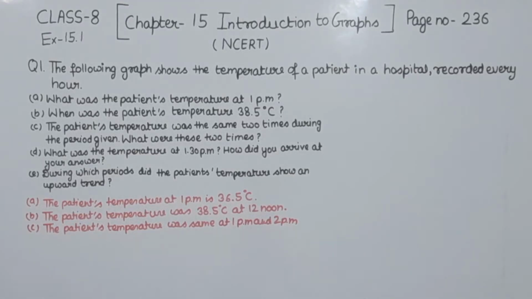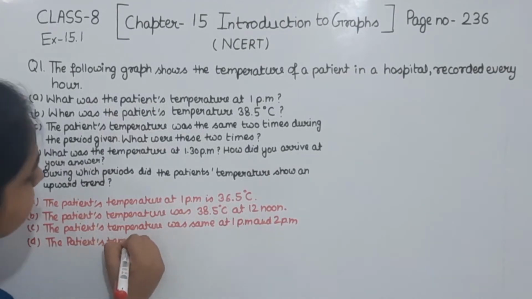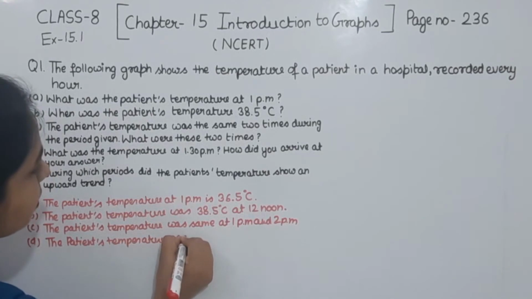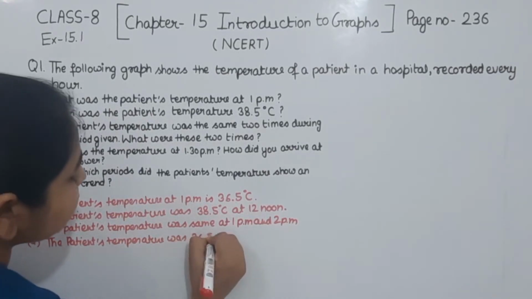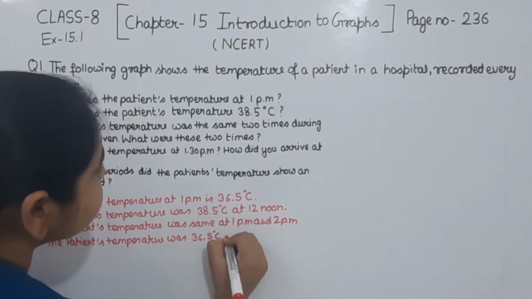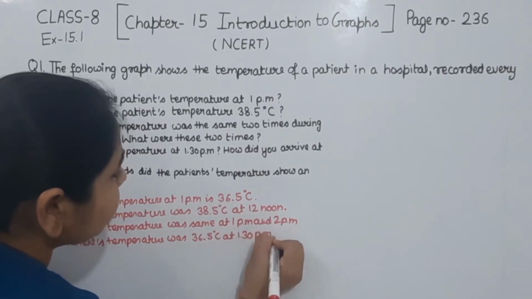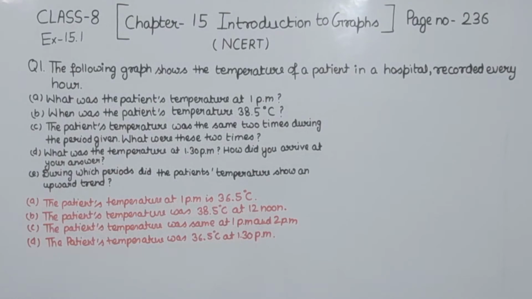So we're going to write here: the patient's temperature was 36.5 degrees Celsius at 1:30 p.m. Now how did we arrive at our answer?